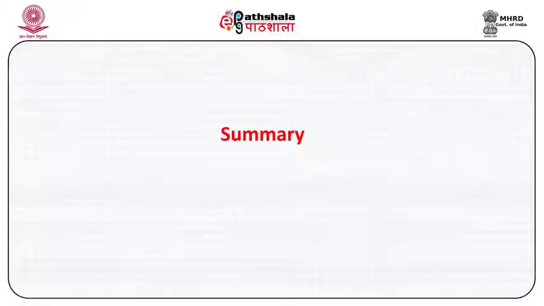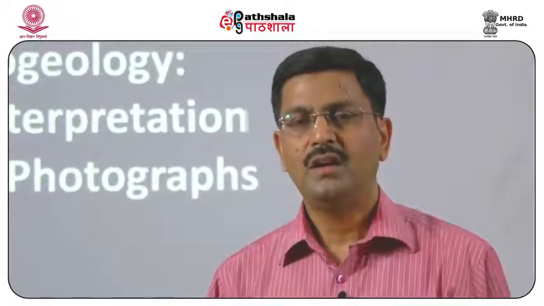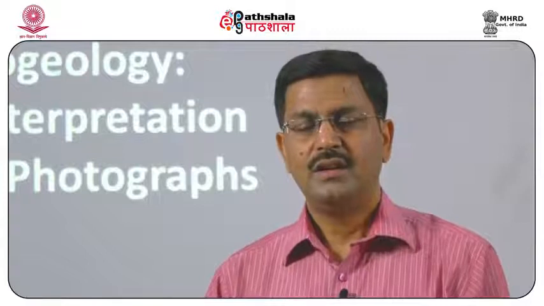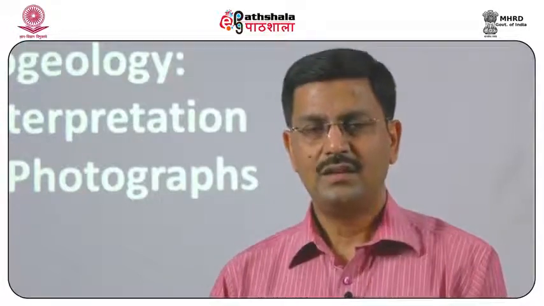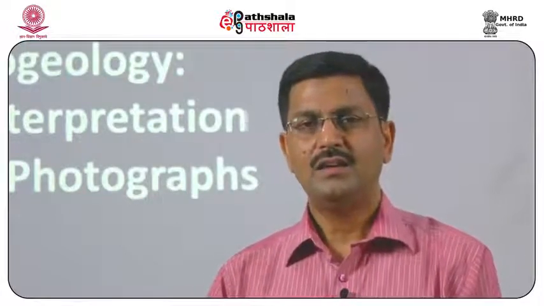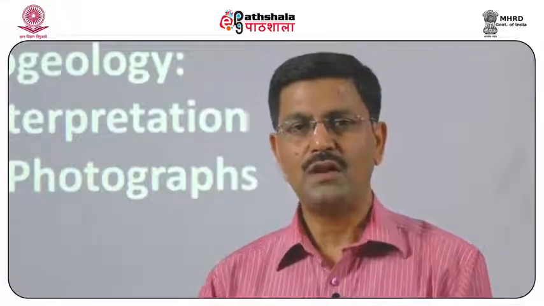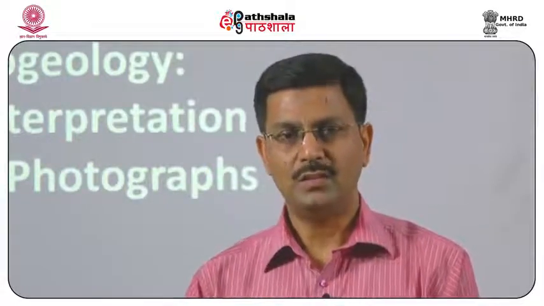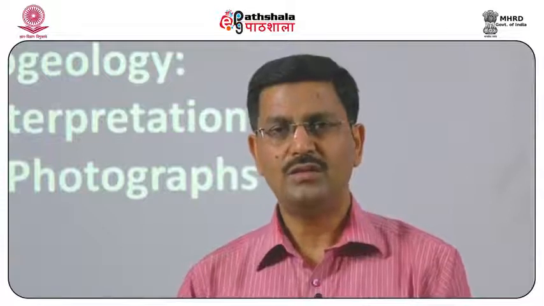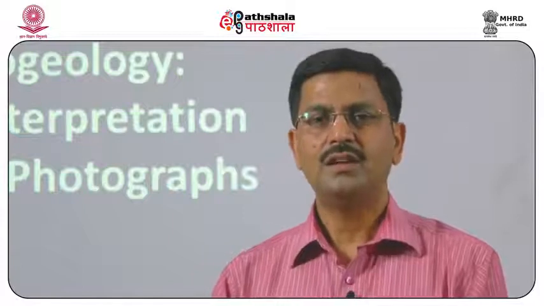So, my dear students, by now you must have got what aerial photographs are, what the basis of classifying aerial photographs is, what its characteristics are, and what the various techniques are on which we can interpret aerial photographs in order to identify and separate different objects or features, which are human or natural features. These are the only 2 types of features on the surface of the earth, in any part of the world.